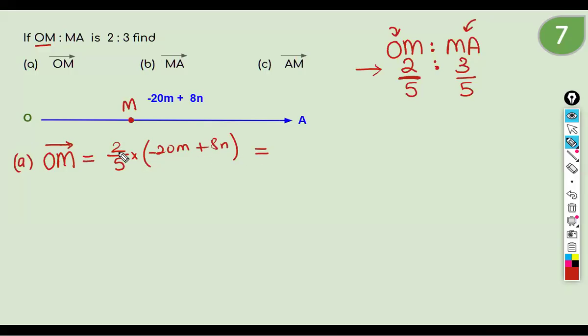If you don't like fractions, 2/5 is the same thing as 0.4. Just multiply everyone in the brackets by 0.4. And you will get minus 8m plus 3.2n. That's the answer. From O to M, this portion alone, the portion that I just put in red, is minus 8m plus 3.2n. Everyone take down up to there.